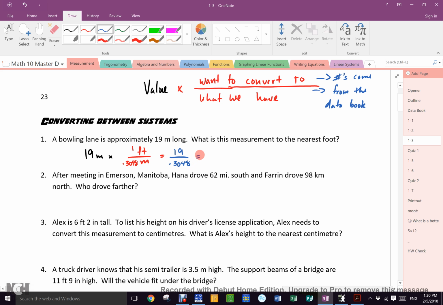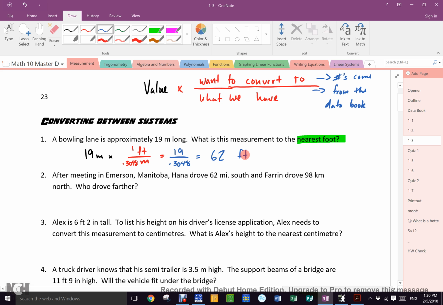And that's going to give me a number. When you do that with your calculator, you're going to get a bunch of decimals. You can see where I wrote right here, I do not care about the decimals. What do you get? 62 feet, the decimals don't matter. Is everybody with me?